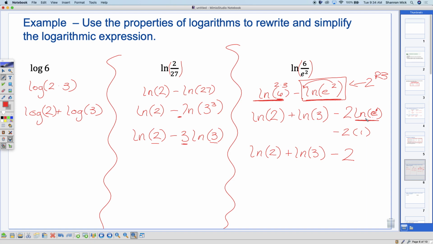We can't leave it like this because we're not done; we still have rules left, one of our properties of logarithms. Okay, so prime numbers, no exponents, and all my properties need to be taken care of. I'm ready for more.